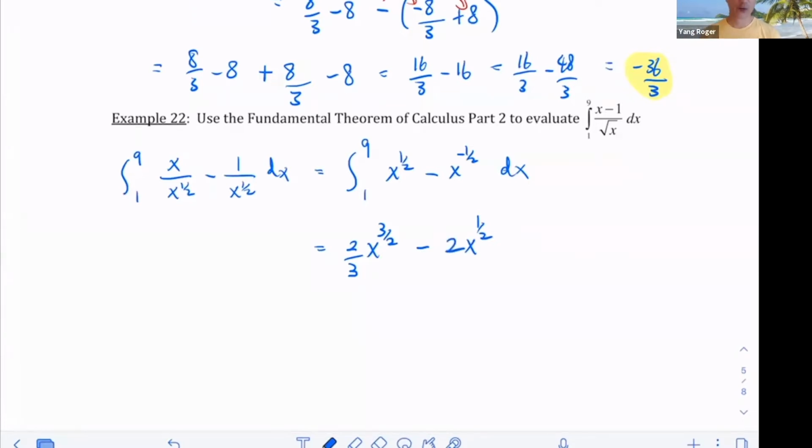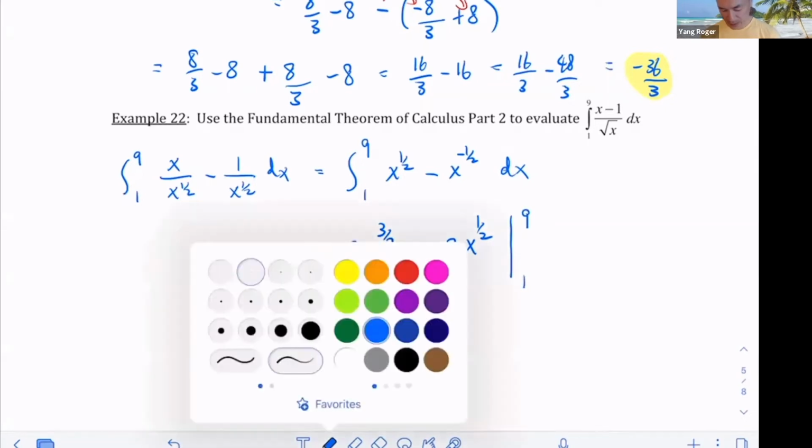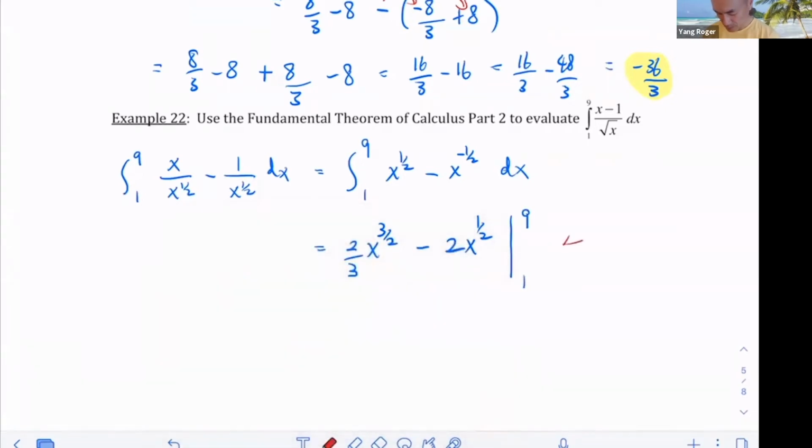And then we want to evaluate this from 1 to 9. To do that, we put a little vertical bar here, and we go from 1 to 9. So this means plug in a 9 and subtract from plugging in the 1.